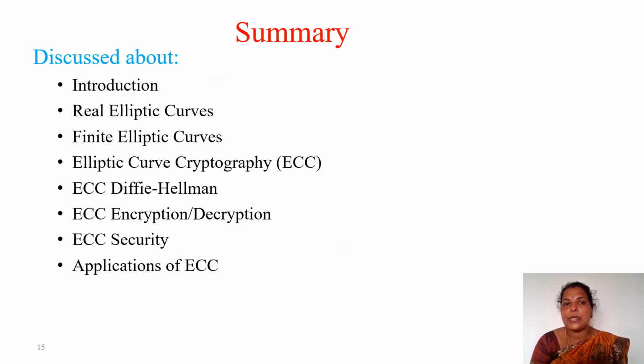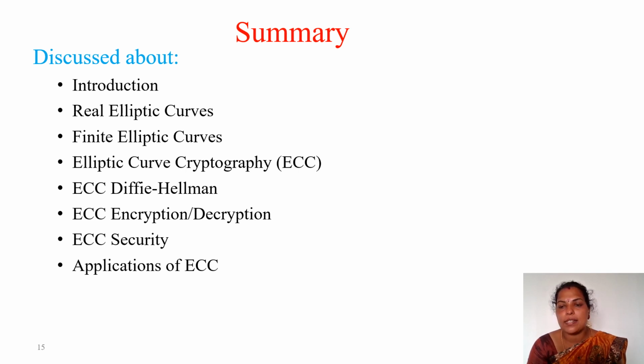So in this presentation, we have discussed the introduction to elliptic curve cryptography, then different types of curves, that is, real elliptic curves and finite elliptic curves. For finite elliptic curves, we have seen two curves: one used for software and another used for hardware. We discussed the working principles of elliptic curve cryptography, and how it is analogous to Diffie-Hellman.